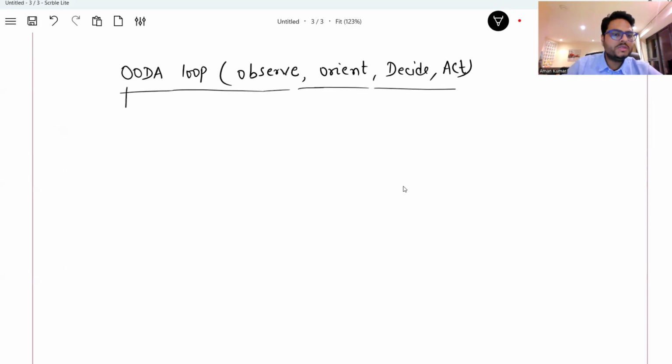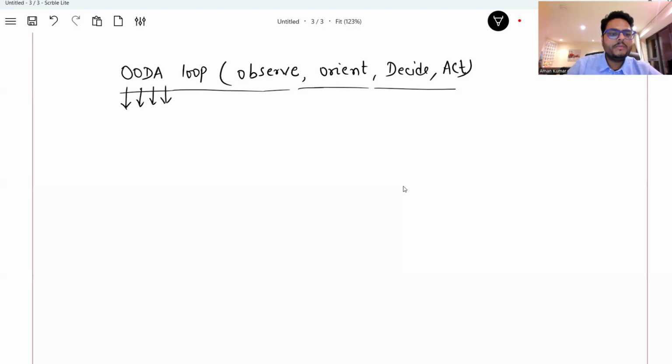So here observe stands for observing real time data. Orient stands for analyze and interpret. Decide stands for what is the best decision at that point of time. And A stands for implement and repeat.